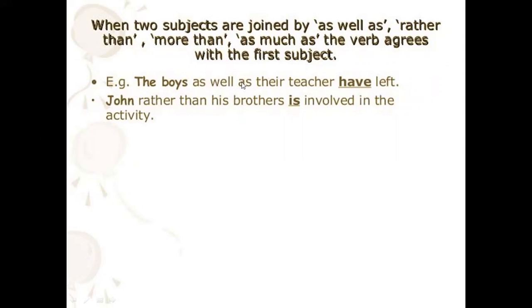Then, John, rather than his brothers, is involved in the activity. So here, what are the two subjects? John and brothers are joined by as well as, rather than, more than. The verb agrees with the first subject.